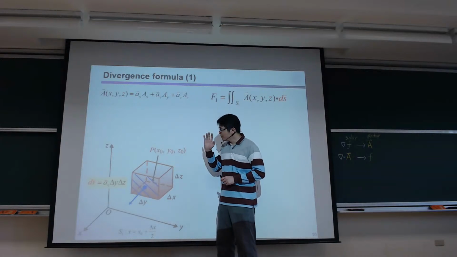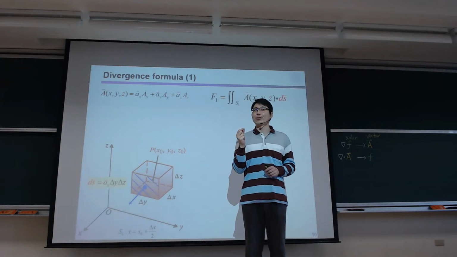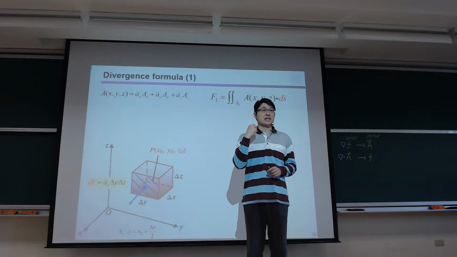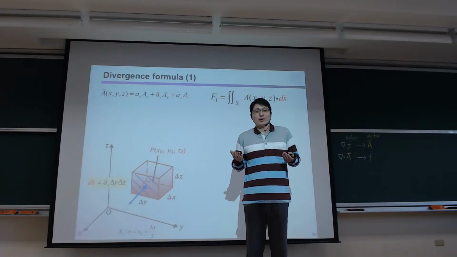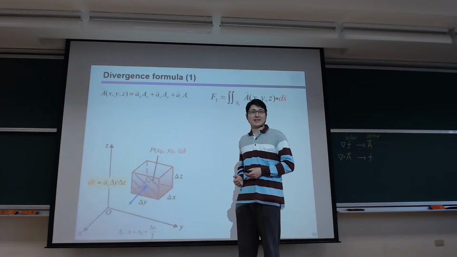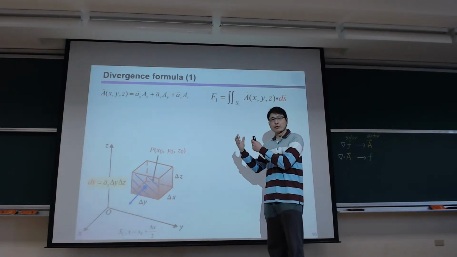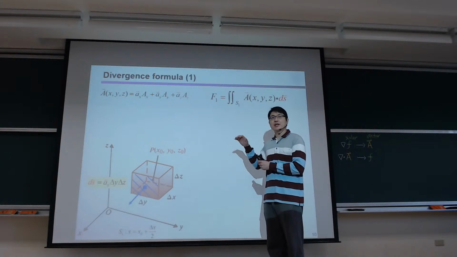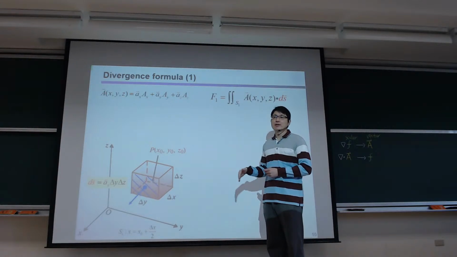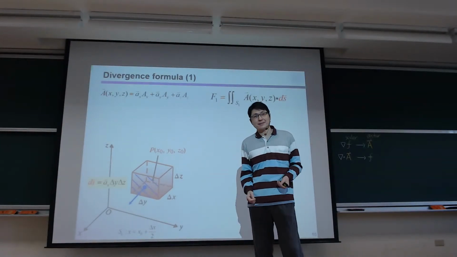As you can see, I'm using x, y, z. So which orthogonal coordinate system am I working in? x, y, z means I'm working in Cartesian coordinates. Why? Because I'm too old. You're young and smart, so I usually work in the easiest coordinate system. I'm only trying to give you guidance on how to formulate divergence in Cartesian coordinates. The other two coordinate systems are left for you as homework.